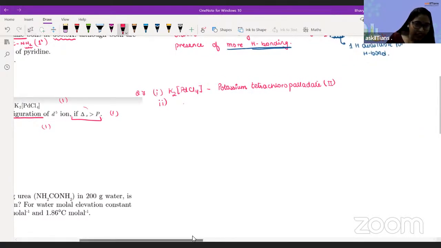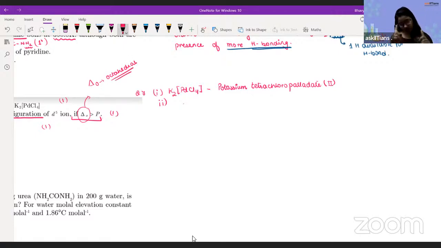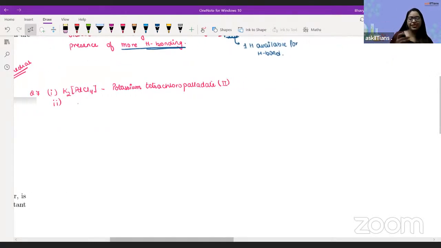So for that, they have mentioned delta naught. You remember that O is for octahedral. So that means they want it for octahedral splitting in which delta naught is greater than pairing. In octahedral splitting, t2g lies at the bottom and eg lies at the top, right? So it is important for us to know who's at the bottom and who's at the top, then only we'll start filling the electrons, right?